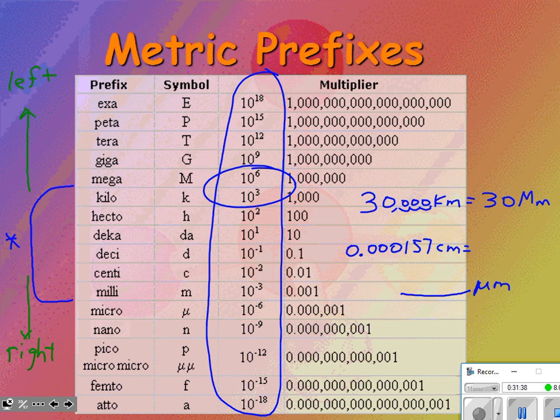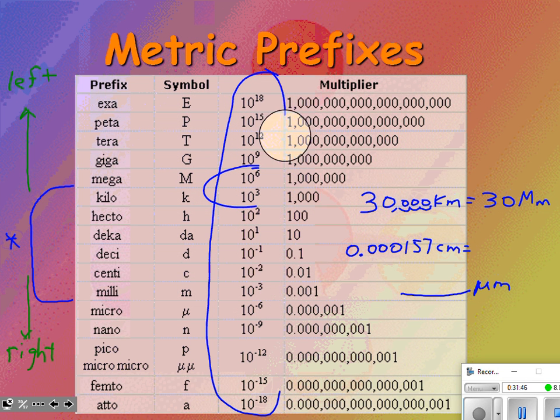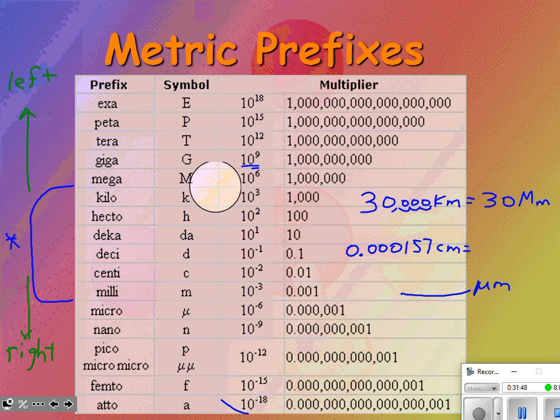How many micrometers is that? Well, I am starting at centi, which is 10 to the minus 2, and I'm going to micro, which is 10 to the minus 6.